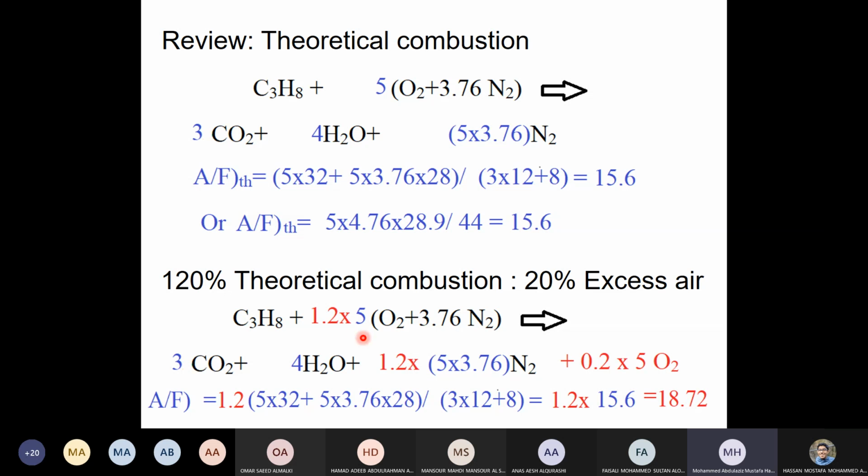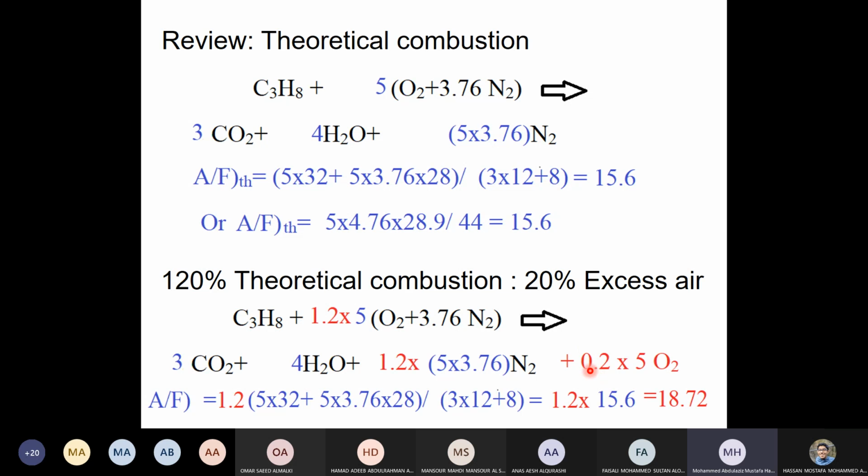Then it will give me here: I have 1 to satisfy this, but the extra here is 0.2 multiplied by 5. So I add this. This is a new term. It appears because there's an excess air. So this will be 0.2 multiplied by 5. This is one key point here. Some students make a mistake here and write 1.2.